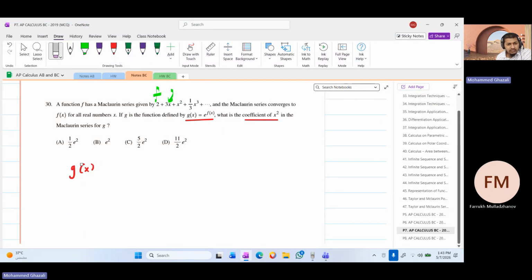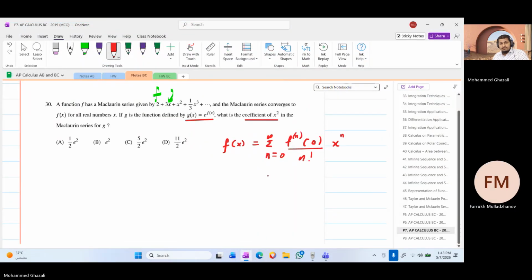Remember, the Maclaurin series for f of x is given by the sum from n equals 0 to infinity of the nth derivative of f evaluated at 0, over n factorial, times x to the power n.